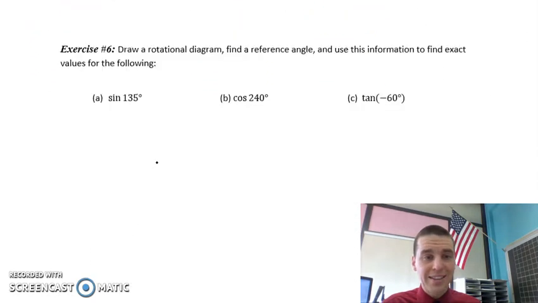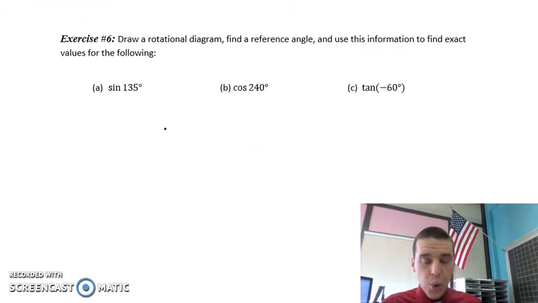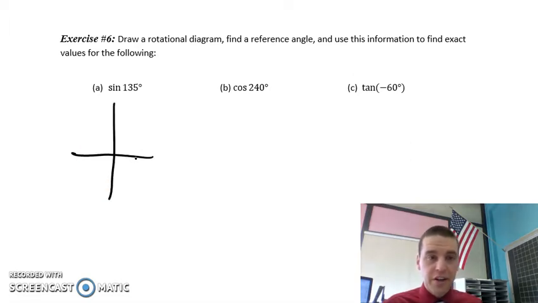Looking at the last exercise, the whole reason that reference angles are important is because this is going to help us find the exact values of the sine, cosine, and tangent. So if we look at 135 degrees, we know is right there. Exactly halfway in between. Meaning that our reference angle is 45 degrees, which creates this 45, 45, 90 triangle.